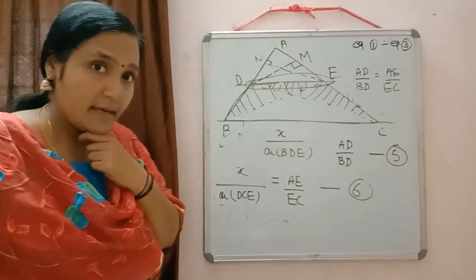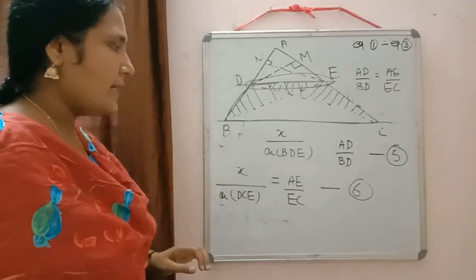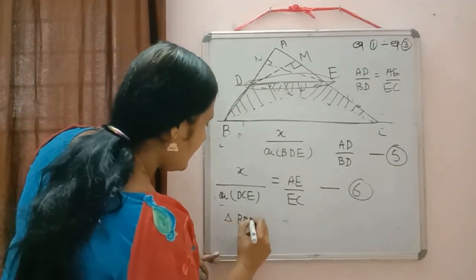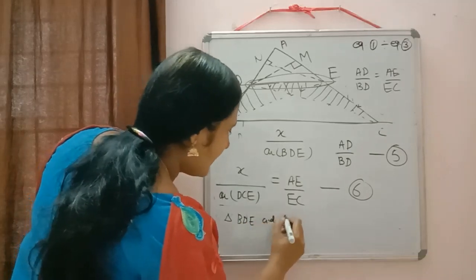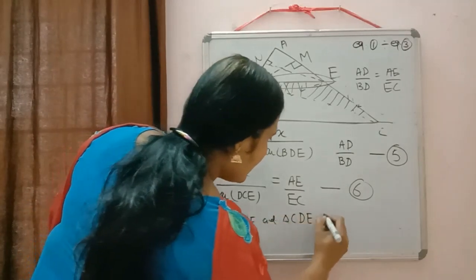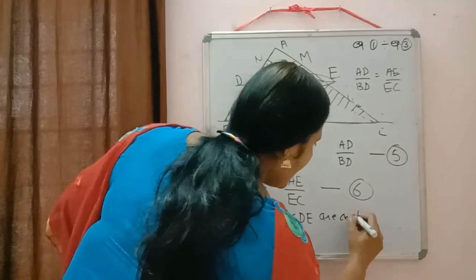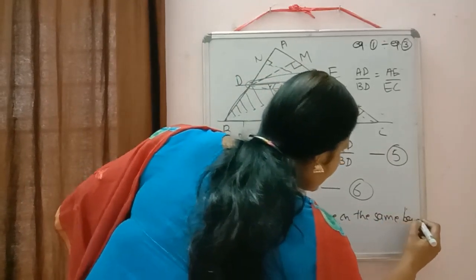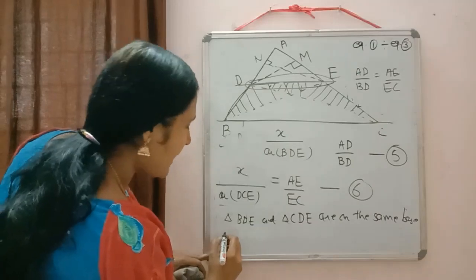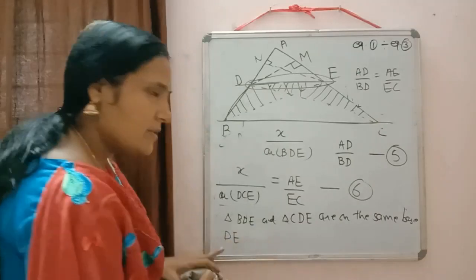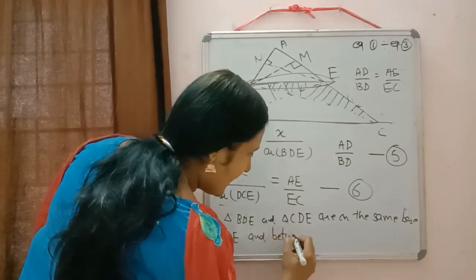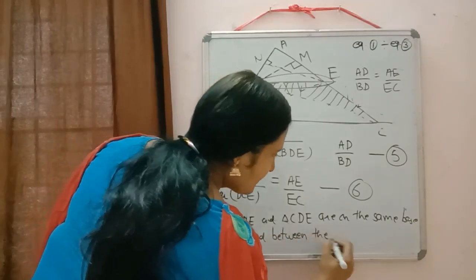If two figures are on the same base and between the same parallels, then their areas will be equal. Correct? Two triangles. So write down the statement. Triangle BDE and triangle CDE are on the same base. What is that same side? DE. Same base DE and between the same parallels.